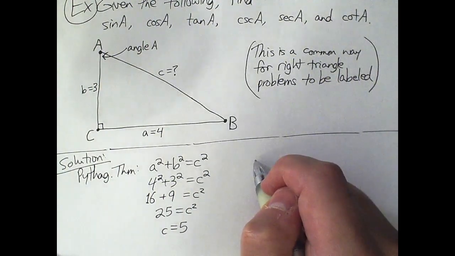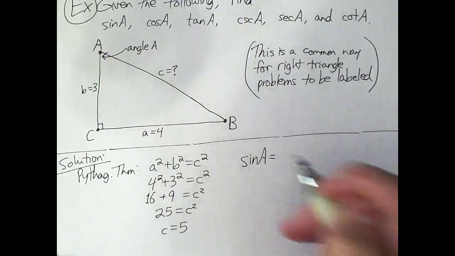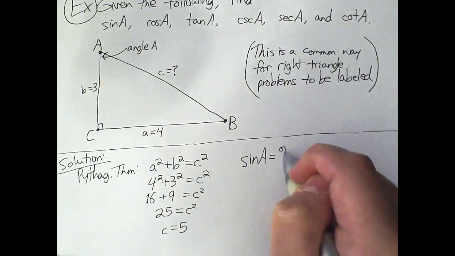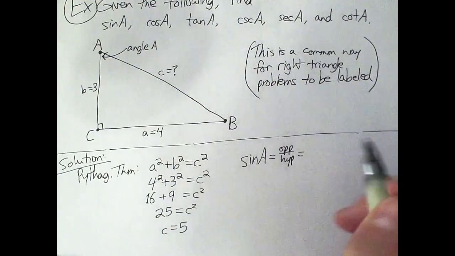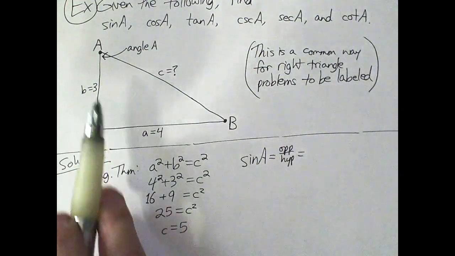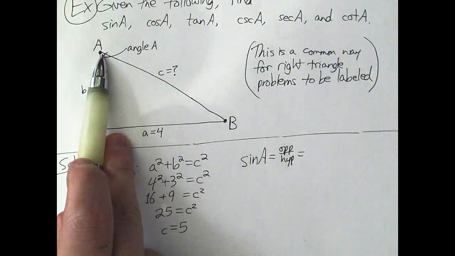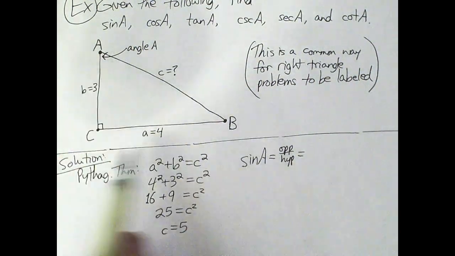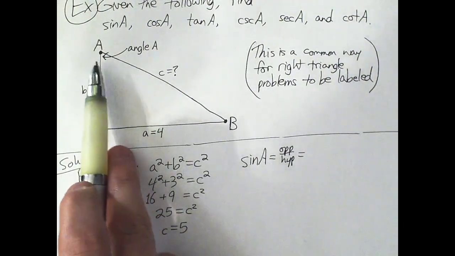Let's go ahead and start answering the 6 things that it asked us for. Sine of A is opposite over hypotenuse. And it's all in relation to the angle that you're looking at. This right triangle is drawn in a different orientation than we're used to, and there's nothing labeled theta.